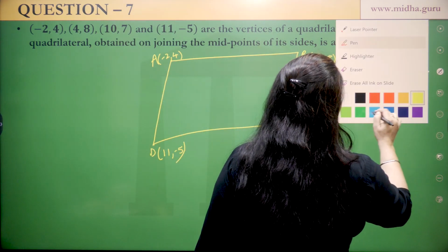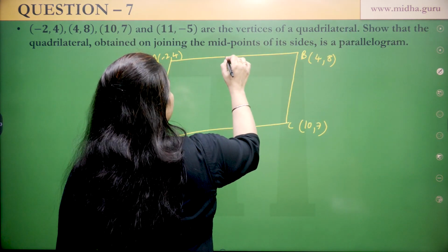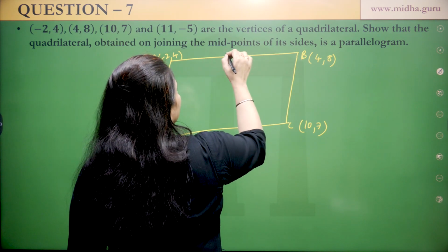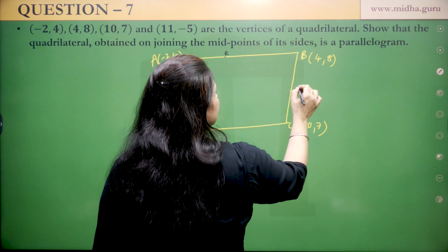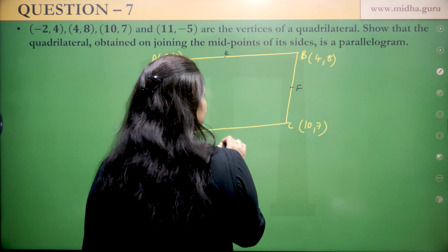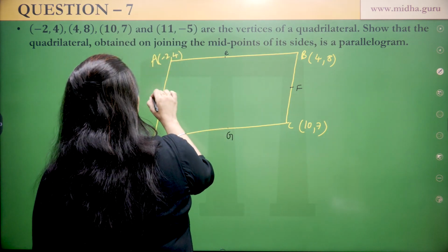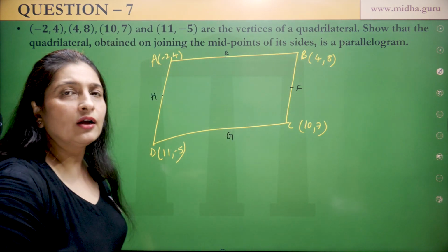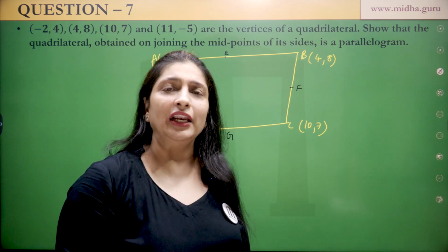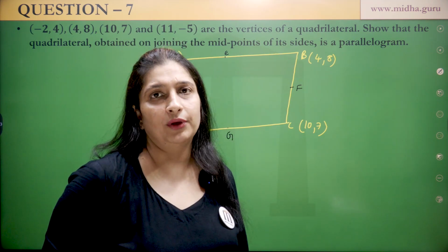Now let us take the midpoints of all the sides. Let this be the midpoint E, the midpoint of BC is F, then we have G, and this is the midpoint H. What is the question saying? The quadrilateral obtained on joining the midpoints of the sides of this quadrilateral.